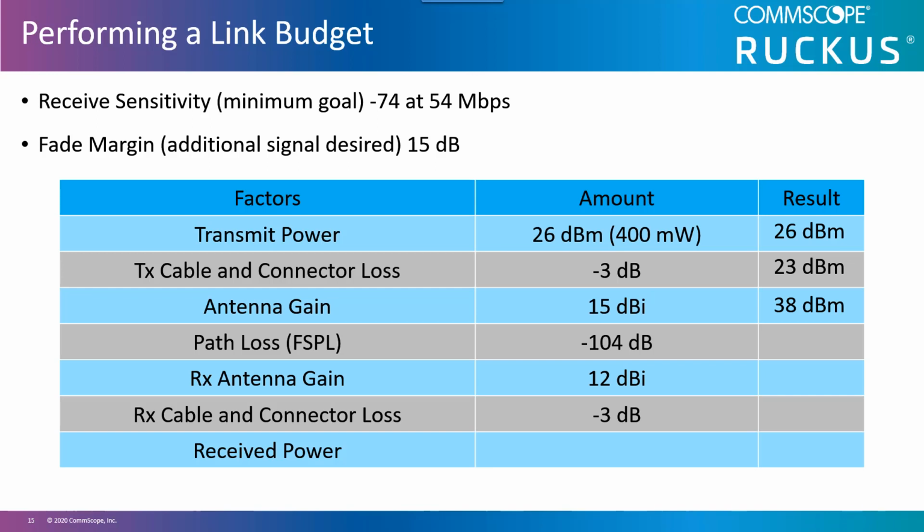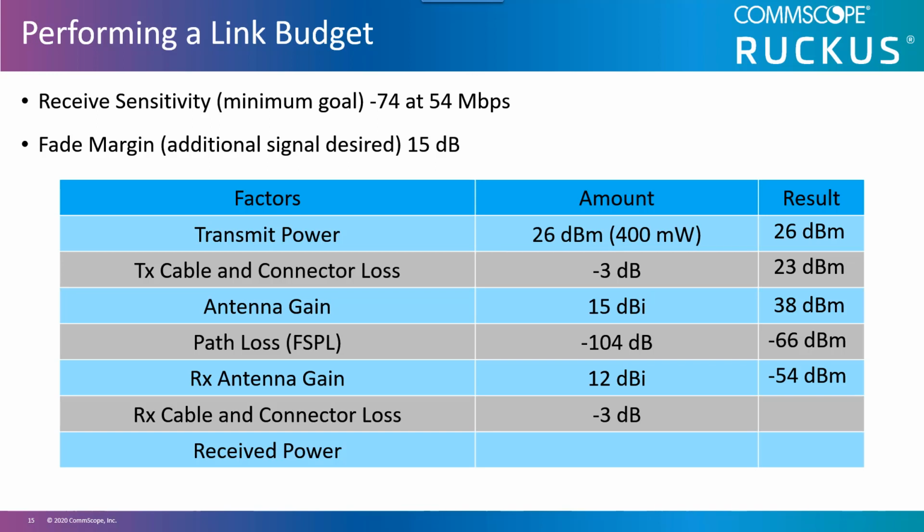Free space path loss, being our largest loss in every communication, is at minus 104 dB, which takes us to negative 66 dBm. The receive antenna has a gain of 12 dBi. That takes us to a negative 54 dBm.